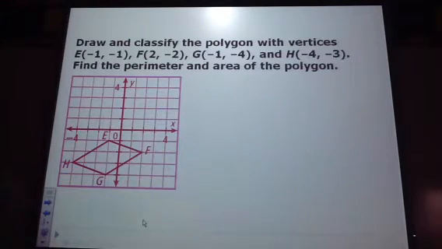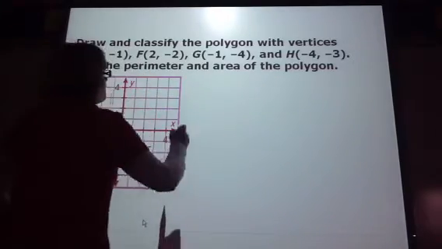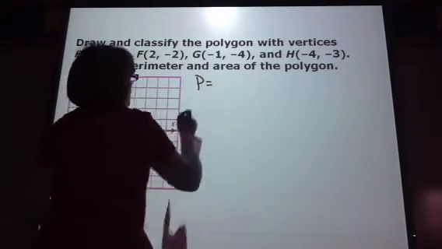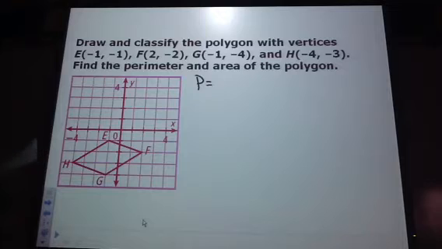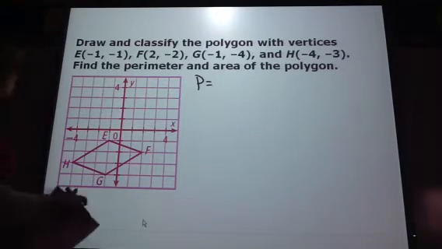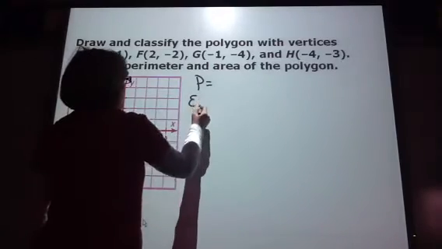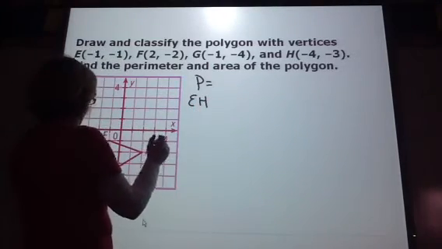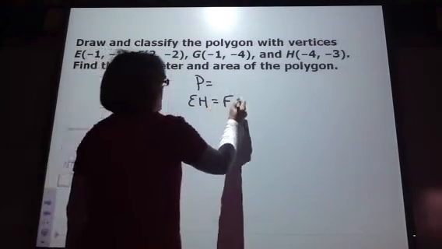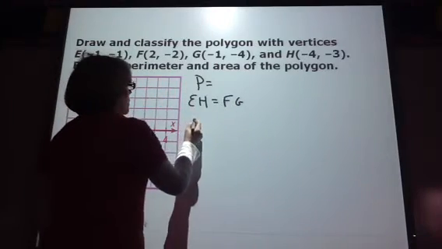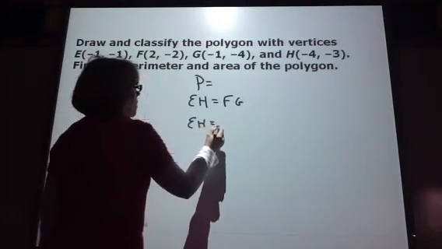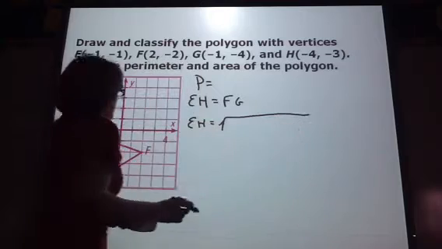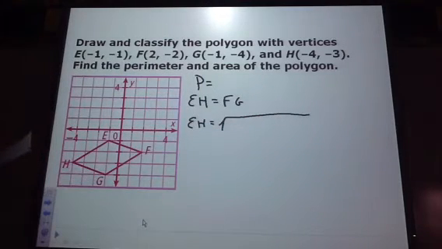All right, now we need to look at the perimeter. Perimeter is where you add up all the sides, okay? Well, if this is a parallelogram, we know by the definition of a parallelogram that EH equals FG. So we can use the distance formula to find one of these. So let's find EH.